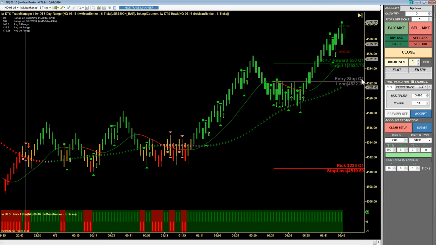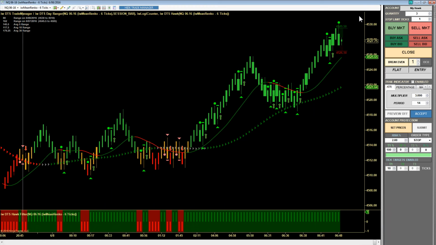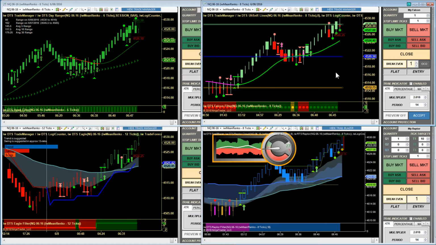Now, a lot of times when I'm only trading a single, I'll try to run the trade out a little bit. I won't necessarily take profit on target. But the fact of the matter is that you're going to make a lot more money if you don't strangle your trades. Very important. It's a lesson that most traders never learn.